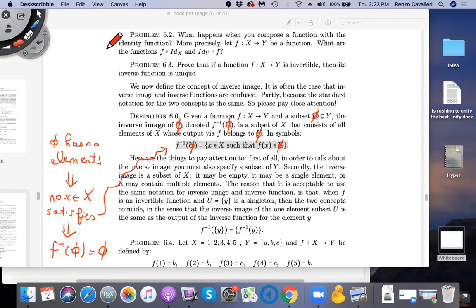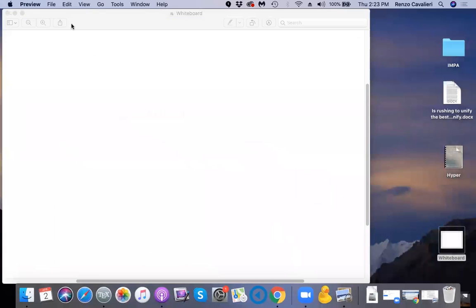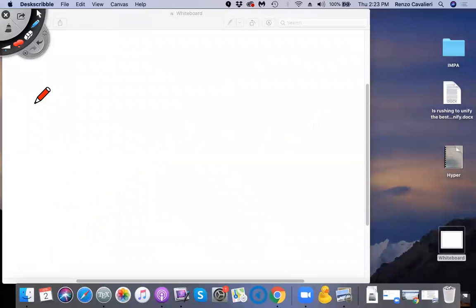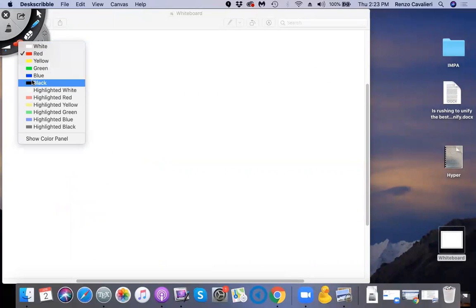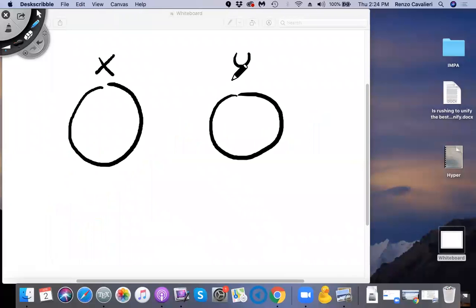Okay, so let me draw another kind of silly picture here real quick. Let's go with our usual x and y, and I have a function f.